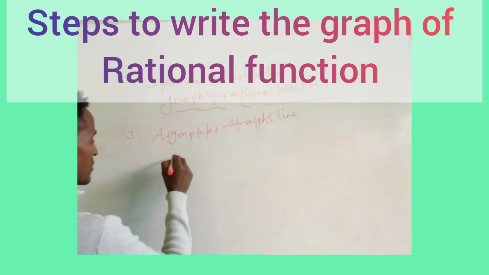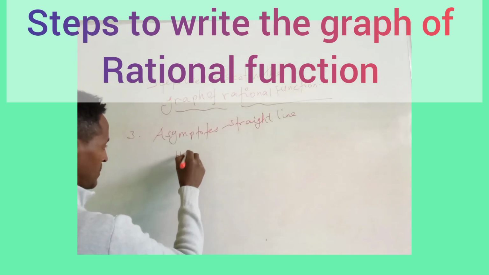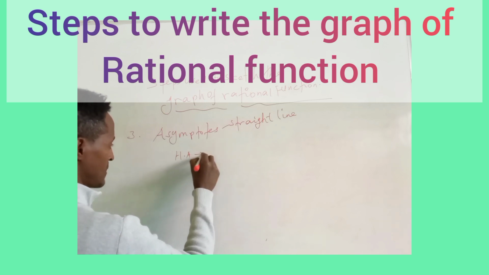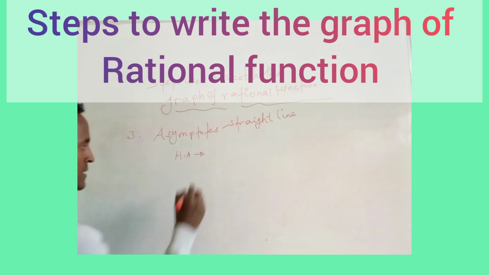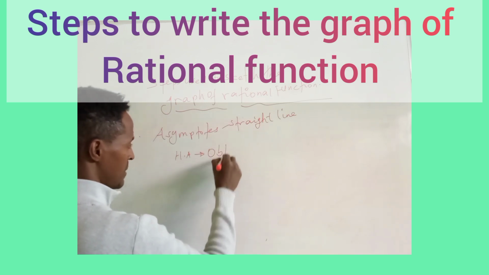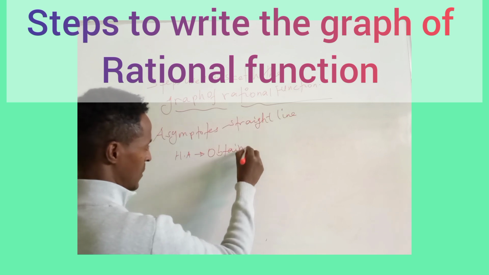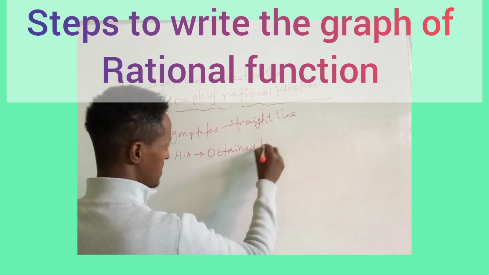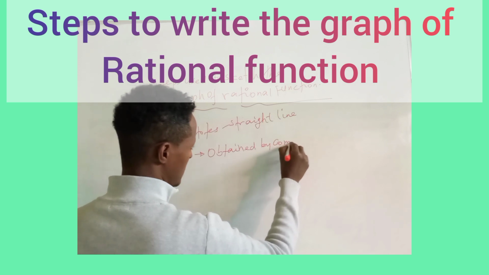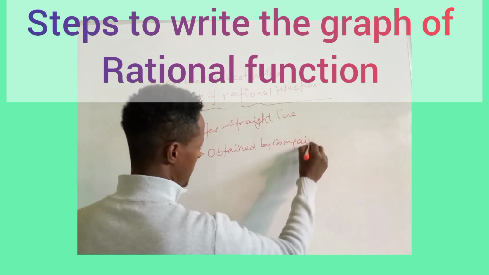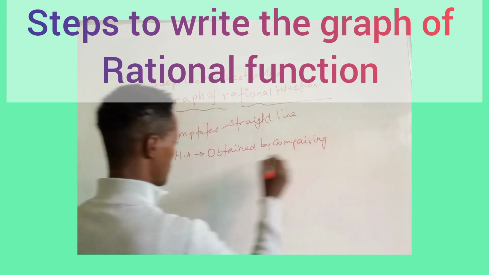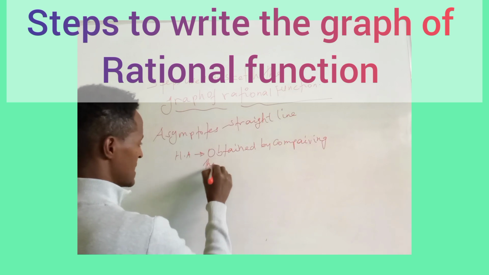Therefore, here you should find the horizontal asymptote. The horizontal asymptote is obtained by comparing the degree of what?